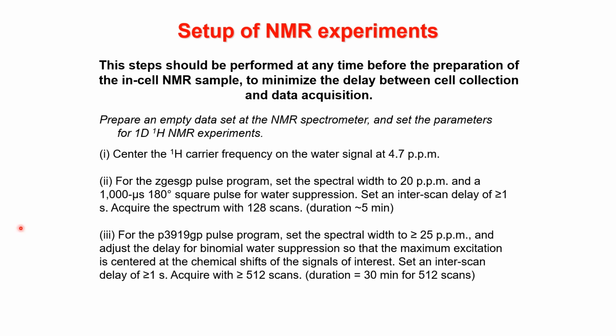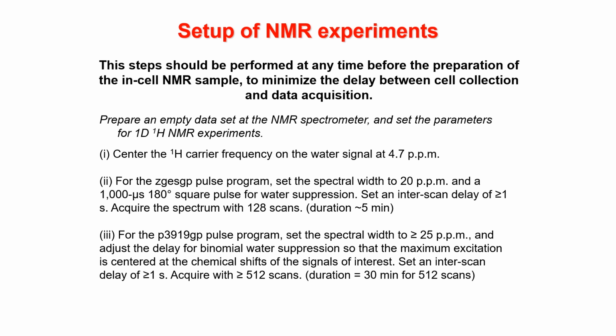Now sometimes I want to see some proton signals in the 1D spectrum that actually fall outside of the crowded spectrum of the cells, which means that I can observe my protein even on unlabeled samples, just by looking at the 1D proton spectrum. For this, I often use the p3919 pulse program, which has a water gate with a binomial water suppression scheme that has a particular excitation shape, with a maximum at a variable region in the spectrum.